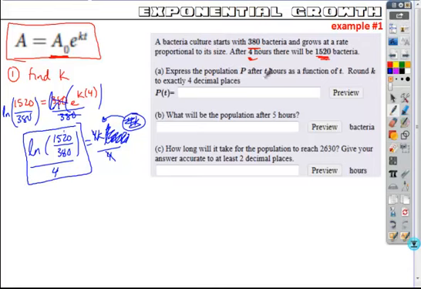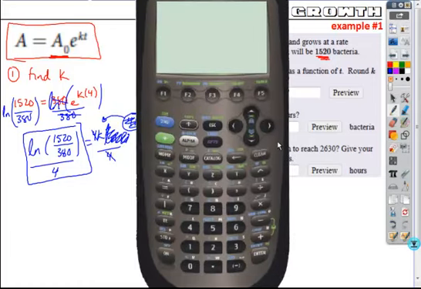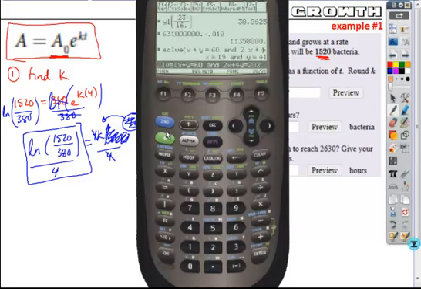When I write my equation, I'm going to write it as my original population, which is 380, times e to the power of k, so I need to calculate that value and round it to 4 decimal places. So I take that calculation, ln of 1520 over 380, and then divide that by 4.